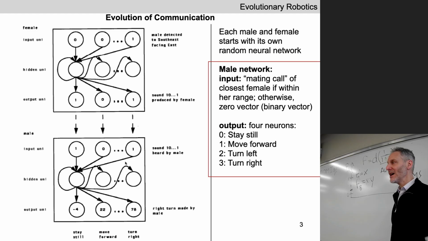Okay, let's do the males. We have 800 males. Each male has a unique set of random synaptic weights. In the first time step, when we evaluate the brain of each of the 800 males, what is fed into the input layer of the male?